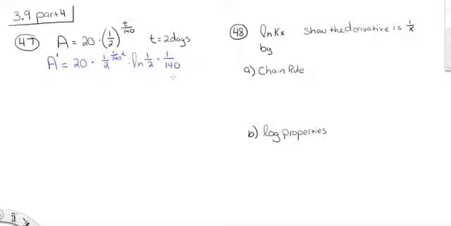So, cleaning this up a little bit gives me the derivative equals, I've got a 20 over 140 times a natural log of 1/2 times (1/2) to the t/140 power.